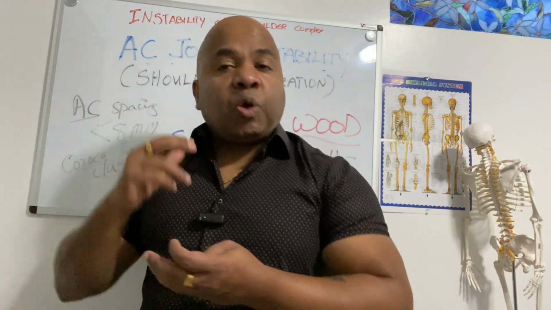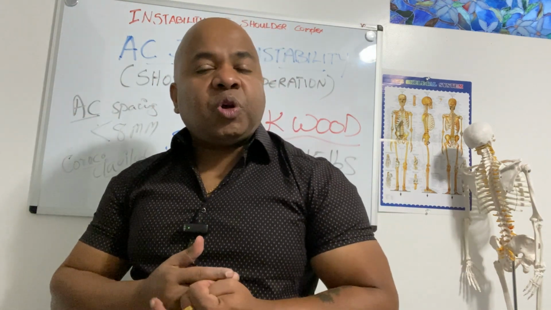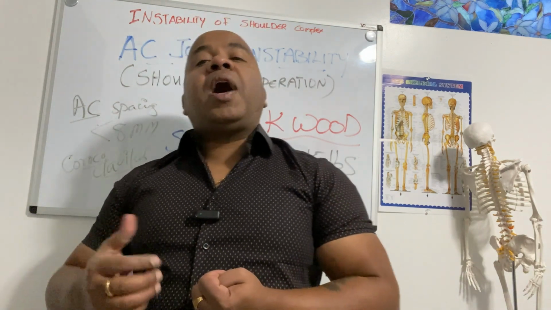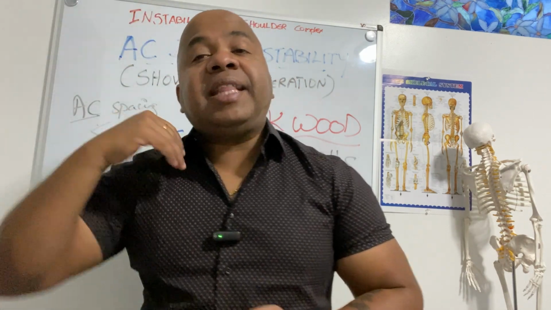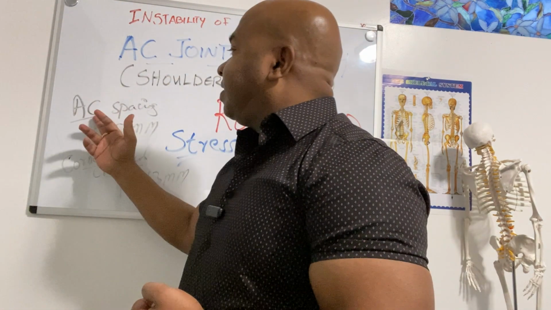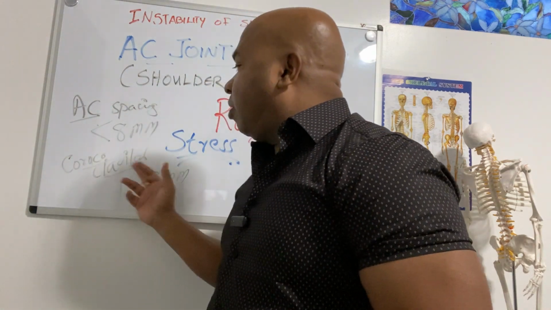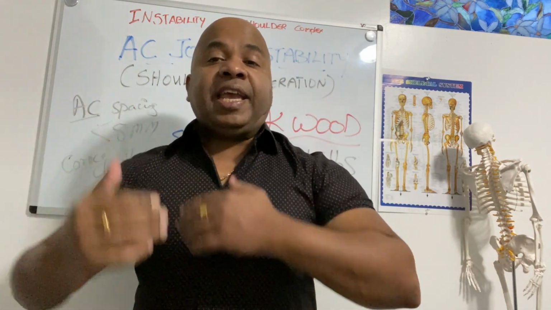In the third degree, there is a rupture of the acromioclavicular ligament, a rupture of the coracoclavicular ligament, the joint capsule is torn, and there is maximal detachment of the deltoid as well as the trapezius muscle. And the clavicle is moving superiorly, upwards, and there is an increased spacing at the acromioclavicular joint, and the coracoclavicular spacing is also increased, greater than 13 millimeters.